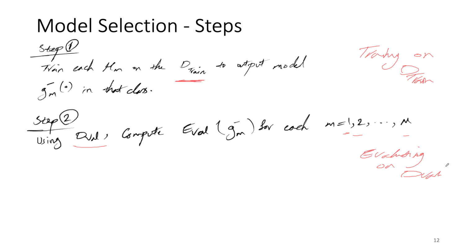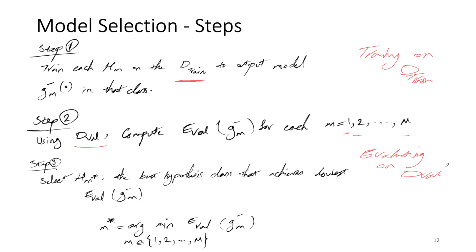So we knew that by the first property, evaluating those G minus M's will give us the out of sample error for each of those HMs. So now after evaluating in step two, we have a bunch of out of sample errors. We have some errors here.